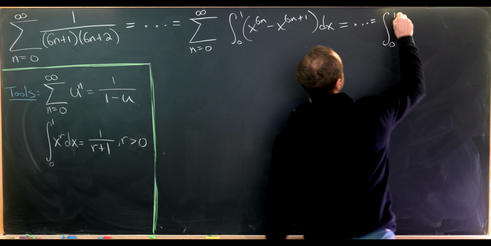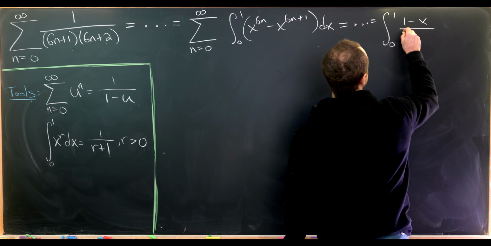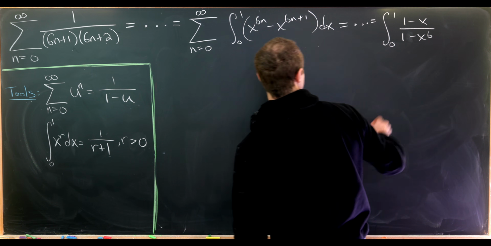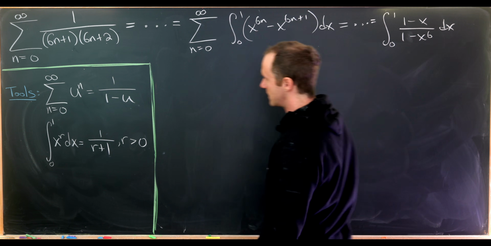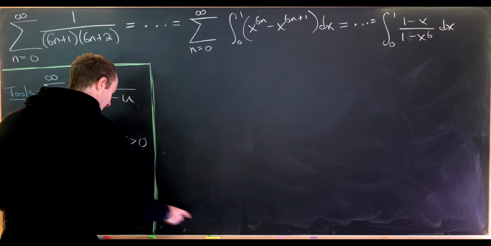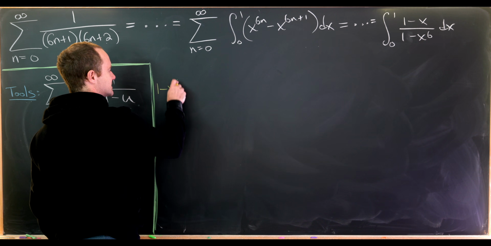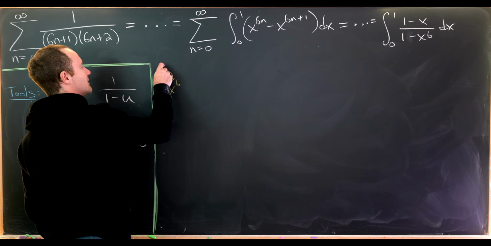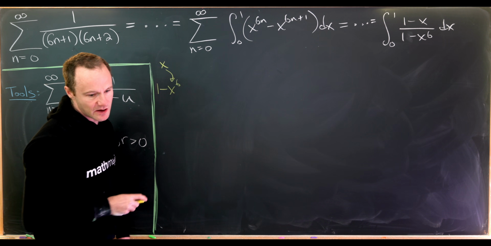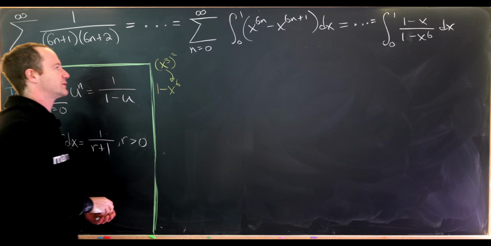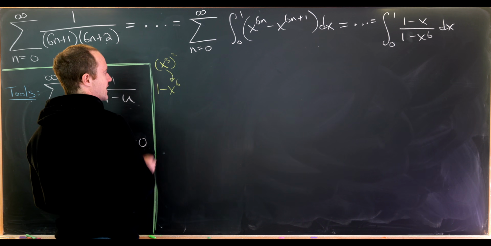And we'll have the integral from 0 to 1 of (1 minus x) over (1 minus x to the 6th) dx. Great. But now let's factor 1 minus x to the 6th. Let's keep in mind that this can be thought of as something like x cubed squared, so we can factor it with the difference of squares.